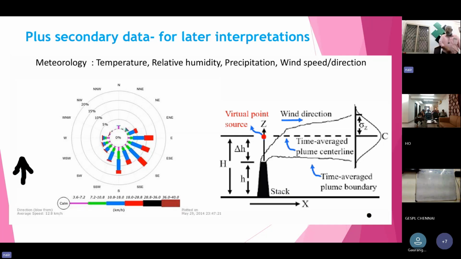As an air quality expert, you should be able to say that the stack height being this, the wind direction and the wind pattern in that area being this, and usually at these times the wind behavior will be like this. None of the EIA reports I have seen do this. So you should take the secondary data and try to describe the plume behavior.